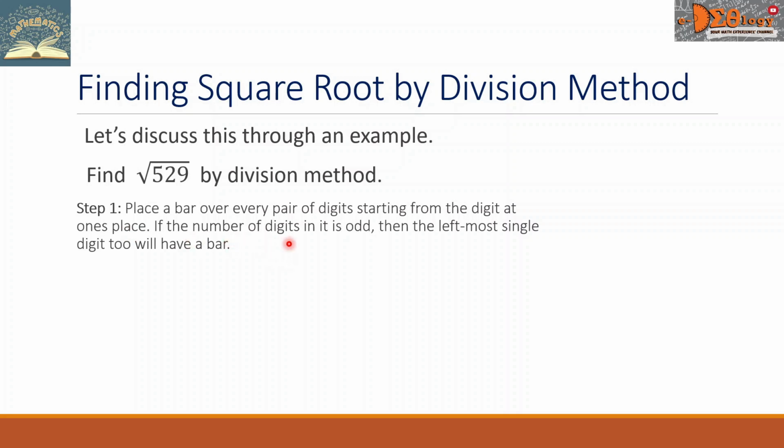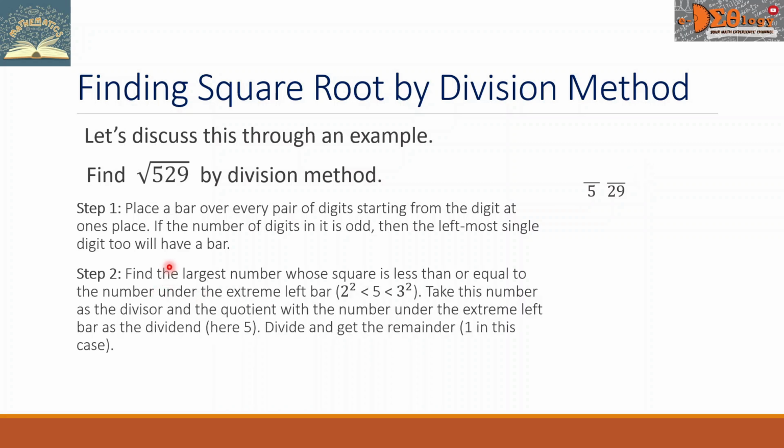If the number of digits in it is odd, then the leftmost single digit will have a bar. In here, our number is 529, so we put 1 bar to the number 29 and 1 bar to the number 5. We can see that there are 2 bars here that represent 2 digits for the square root value.